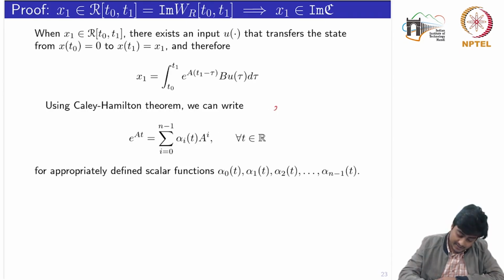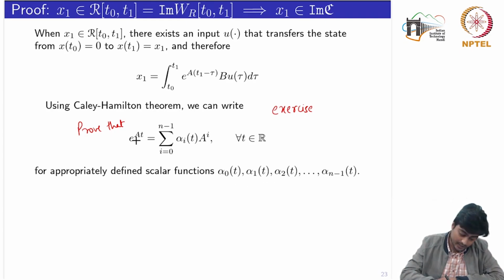You can take this as an exercise if you have any difficulty seeing this equation coming from the application of the Cayley-Hamilton theorem: you need to prove that I can express e to the power At as this sum. So by the application of the Cayley-Hamilton theorem, we can write this for some scalar functions alpha naught to alpha n minus 1.